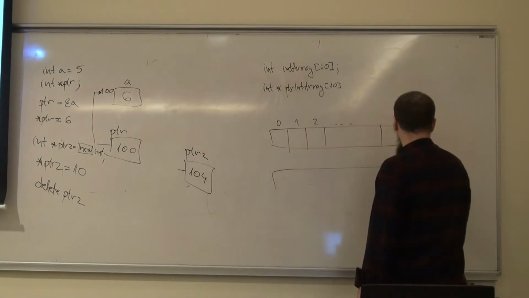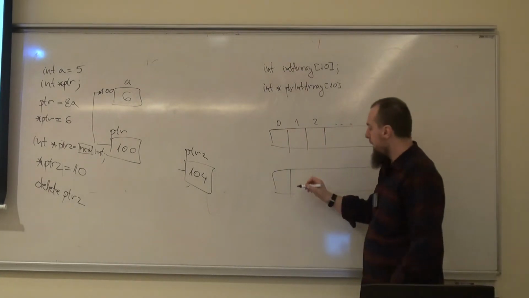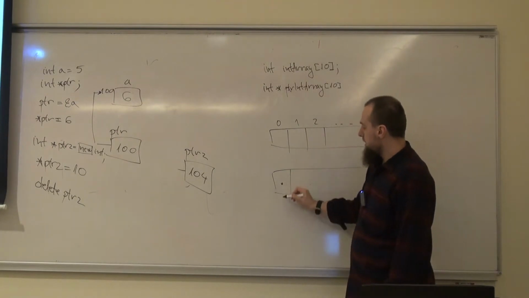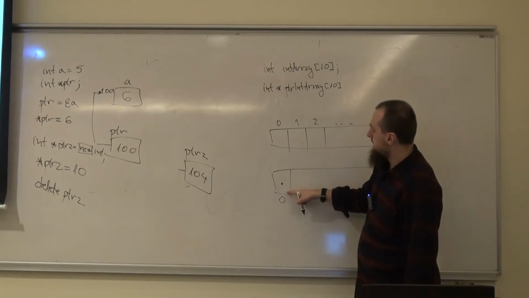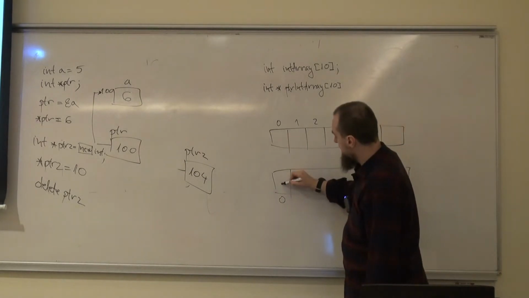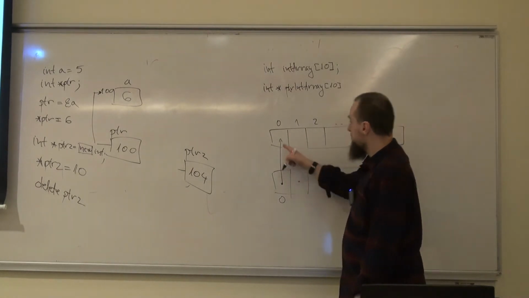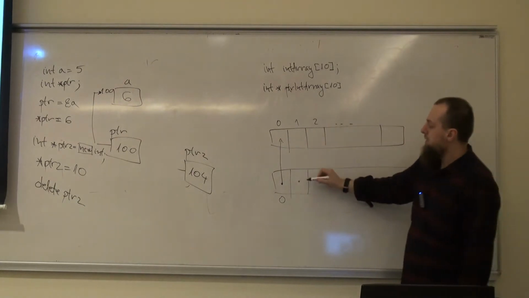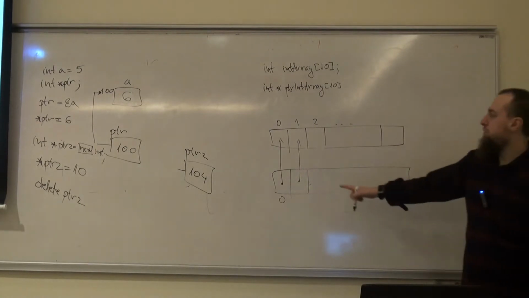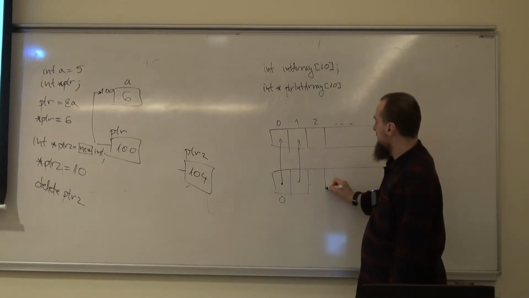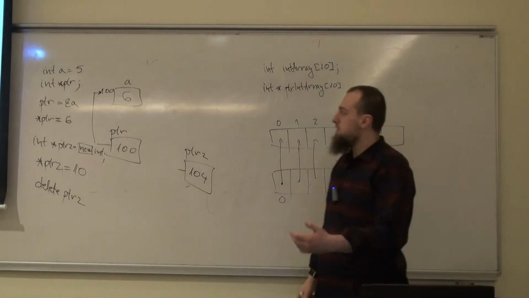And we will have an array of integer pointers, and we will somehow arrange that the index 0 of the integer pointer array is going to point here. Index 1 is going to point to the index 0 of the integer array. Index 1 of the integer pointer array is going to point to the first index, so index 1 of the integer array, and so on. And let's see how it's done.